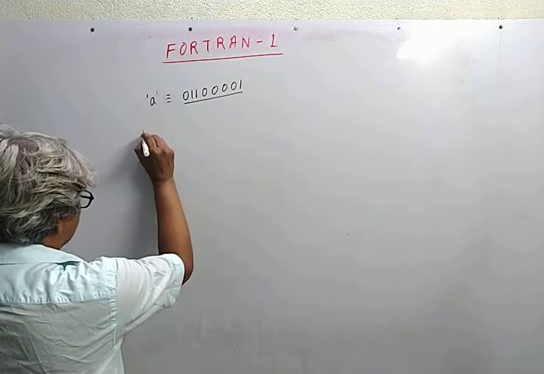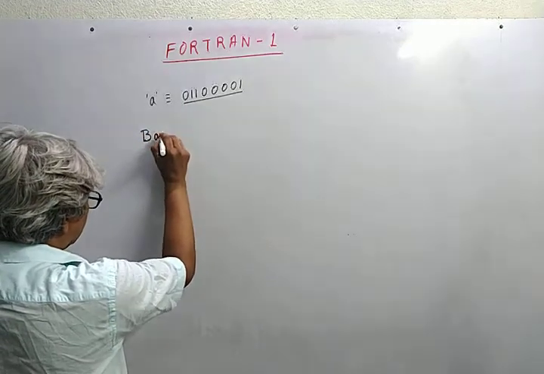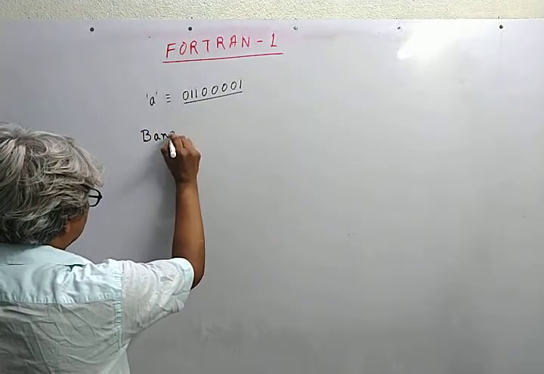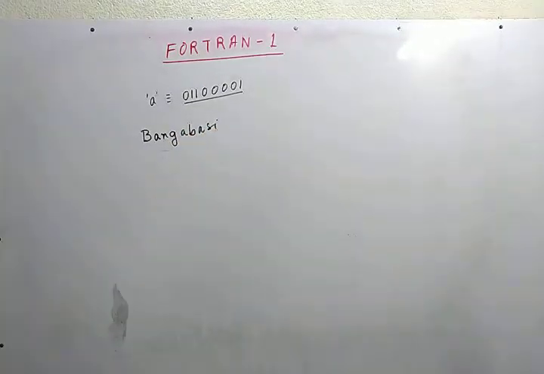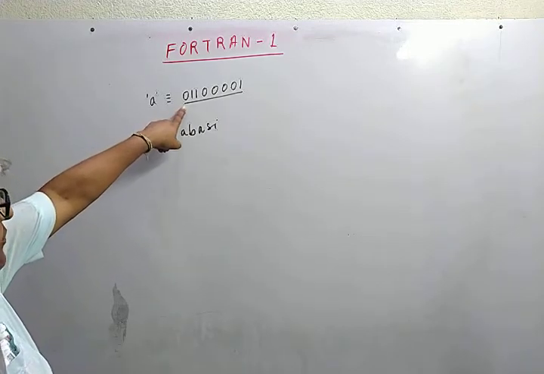Think how the task would be if one tried to write Bangladeshi this way. The situation would be horrible. So it is not possible for common people to instruct the computer in such a way.